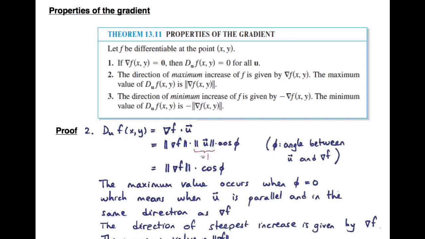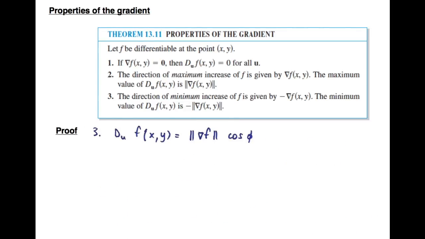What about number 3? Number 3 says basically the opposite of number 2. The direction of minimum increase of f is given by negative del f. The minimum value of the directional derivative is negative the magnitude of del f. The proof is exactly similar.